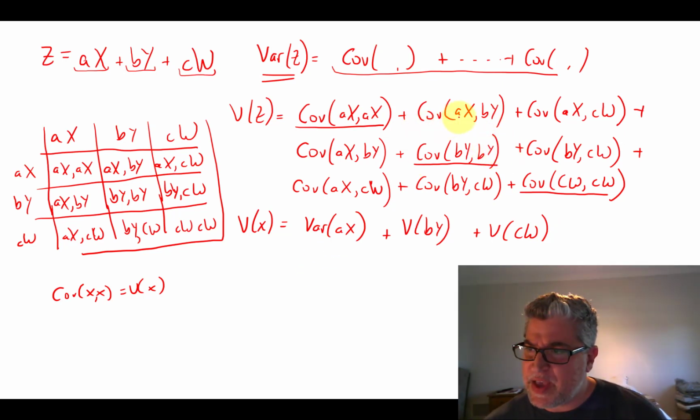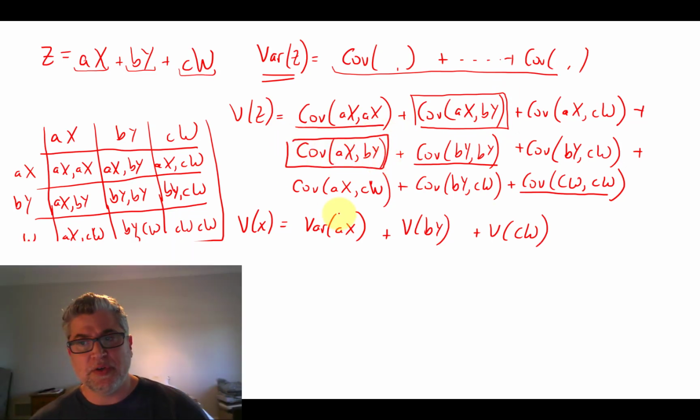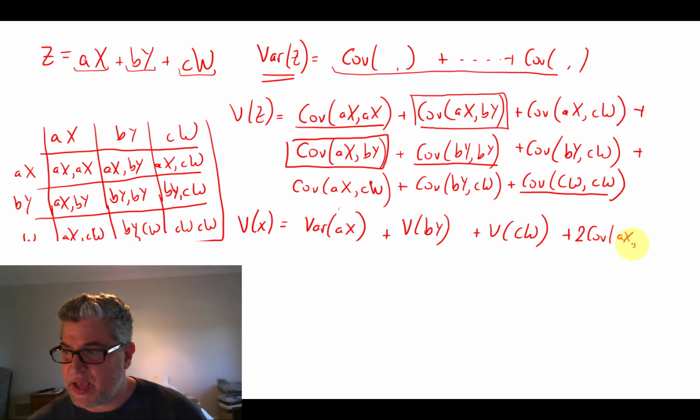Okay, so here we have ax and by. Let me see here. ax and by. But hey, look at this. That shows up here. There's 2 of those. So we have plus 2 times the covariance of ax, by.